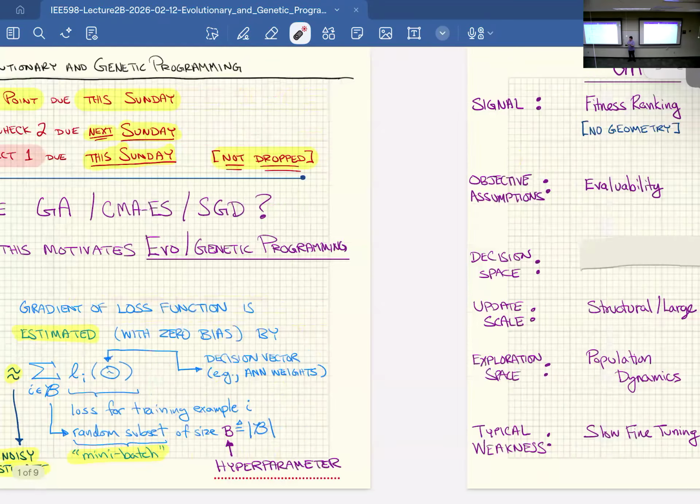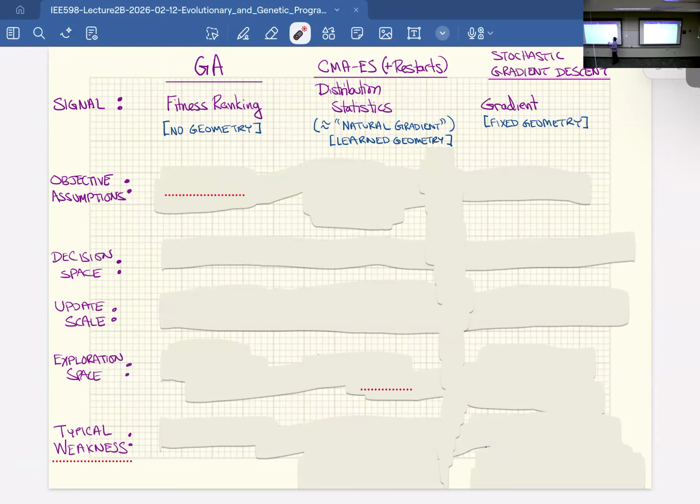Okay, so we have this little table I set up here. What I'm trying to show is these three approaches: the genetic algorithm, evolution strategies, where I'm going to focus on the variant matrix adaptation evolution strategy because it works so well that it's held up as our flagship evolution strategy, especially when you add restarts, and then stochastic gradient descent, or SGD.